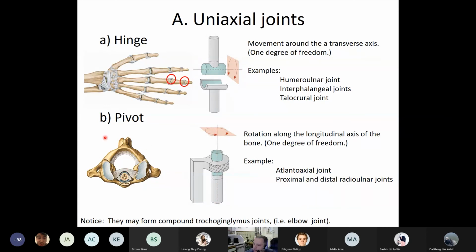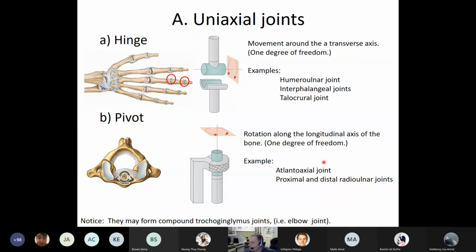And this example here shows you the atlantoaxial joint, which means that around this axis you can rotate your head, because the first cervical vertebra on which the skull is sitting is twisted around the tip of the second cervical vertebra, and the rotation of the head is allowed in this pivot joint, the so-called atlantoaxial joint.